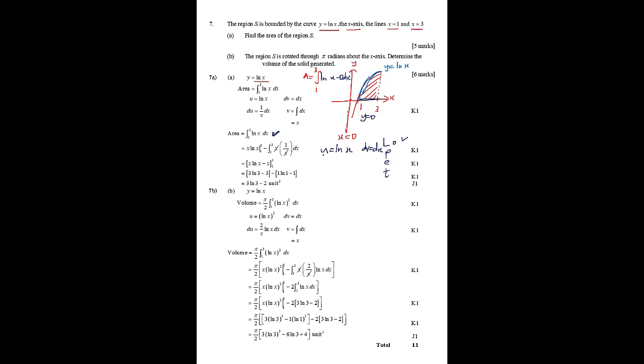Then you differentiate u with respect to x and you get 1 over x, and you integrate dv to get v, which is x. Then you substitute into the formula, uv minus integral of v du.